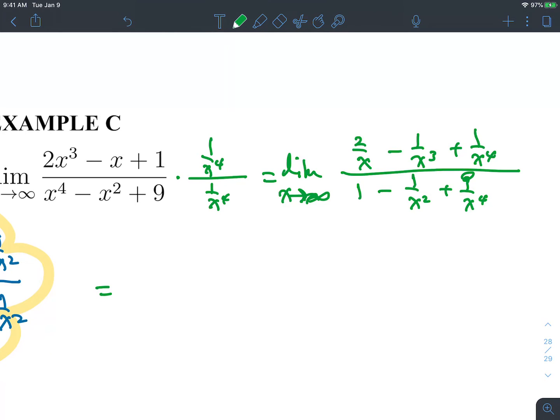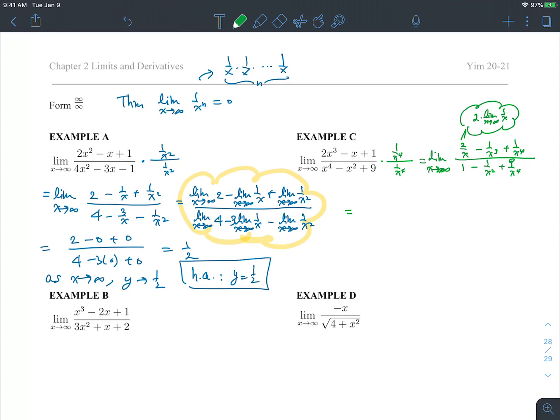Now, when you have this over here, you should be thinking this: the same thing as 2 times the limit as x goes to infinity of 1 over x, but that goes to 0. And according to the rule here, guys, that's a 0, that's a 0, that's a 0, and that's 9 times the limit of 1 over x to the 4th. So that's a 0, right?